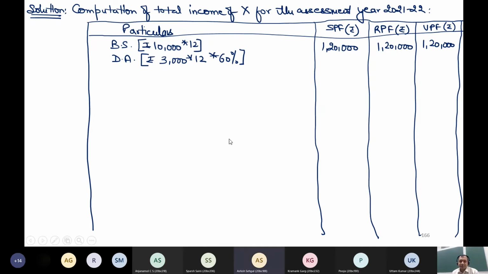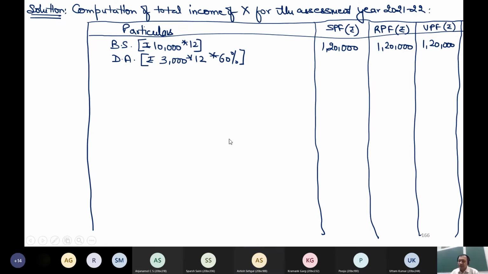Sir, for total income, we will take 3000 into 12. But why not 60%? Sir, it will be taken for the purpose of exemption in PF calculation. Am I right? Yes, sir.